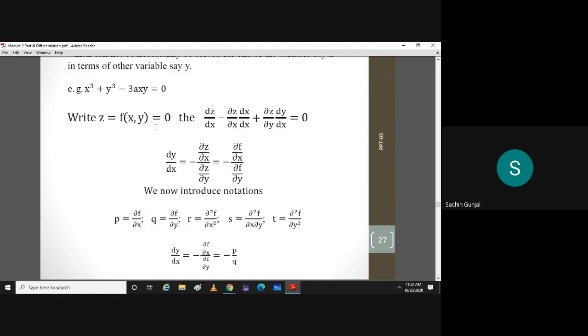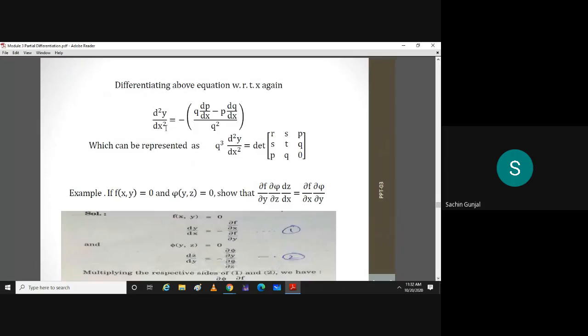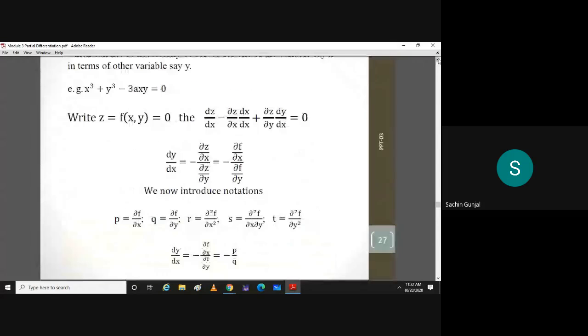Can you go to the next slide? Yes, sir. Okay, fine. So with this notation, you can find the second order derivative d²y/dx², which you can find by applying the quotient rule to this minus P by Q, and it turns out to be a determinant.